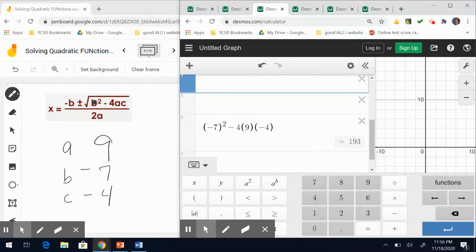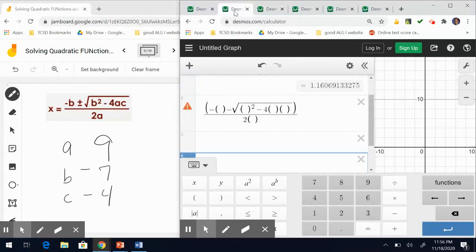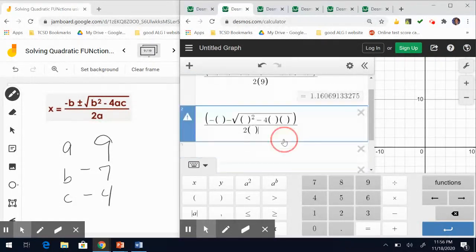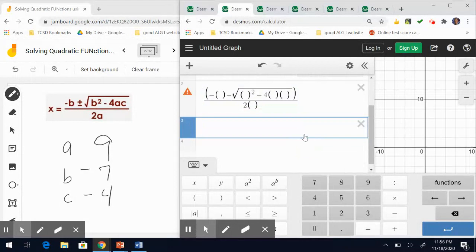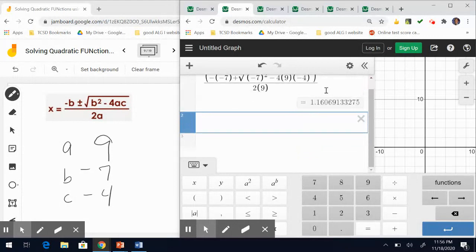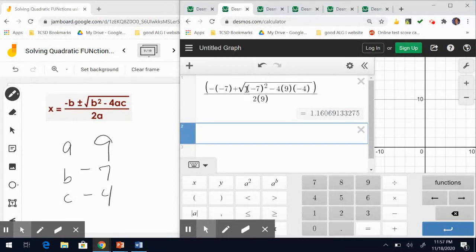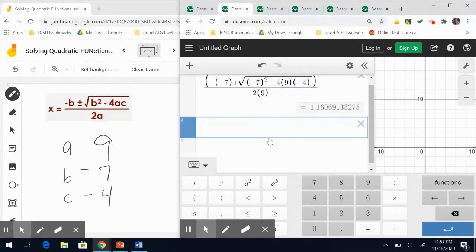So this b squared minus 4ac, I'm actually going to do this first. I'm going to have to multiply this, and I'm going to get a crazy number under the radical that's not square rootable, if that's a real word.